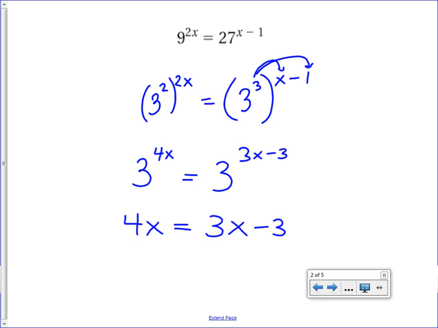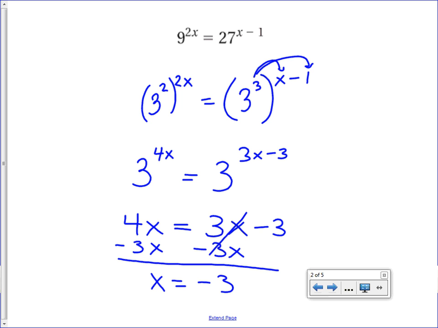This is a nice linear equation. Solve it like we would have done in chapter 1. These cancel out. 4x minus 3x is a single x, and it equals negative 3. So we have solved the original equation for x. I could plug it back in to check if it is true on both sides.